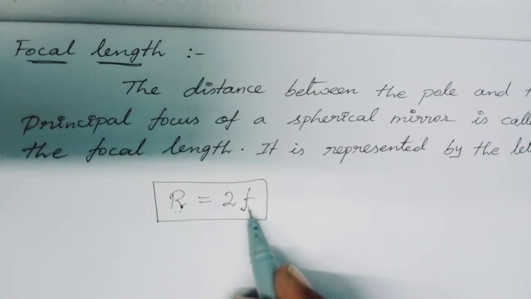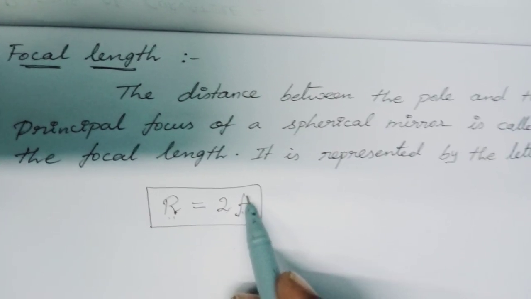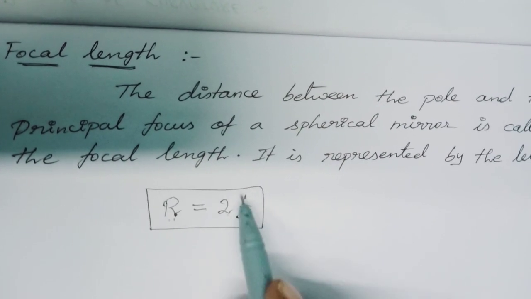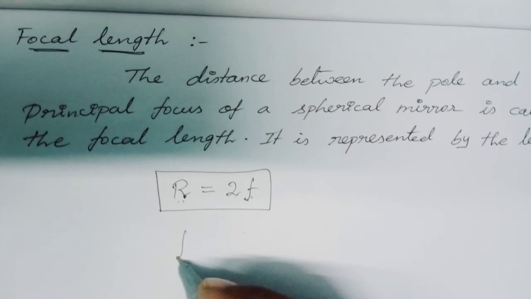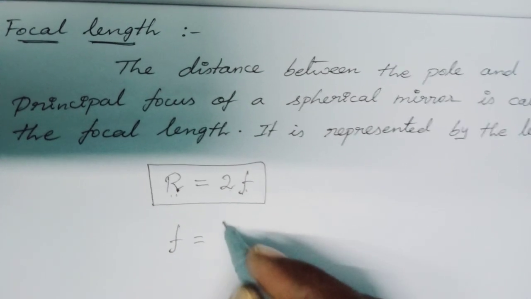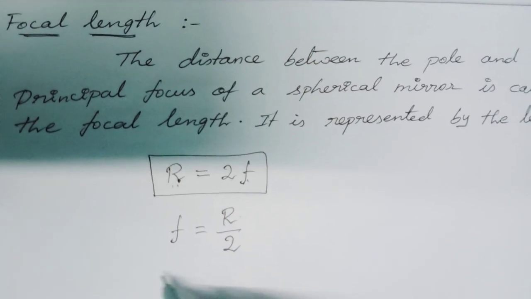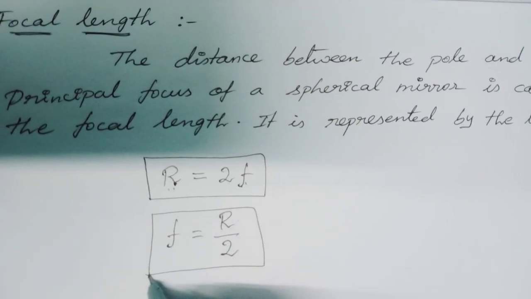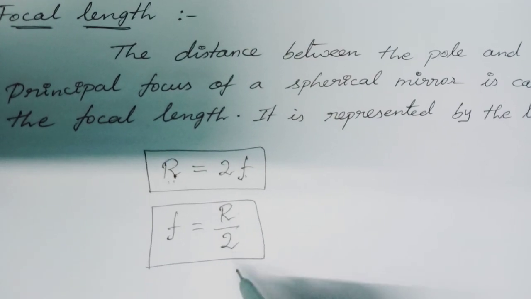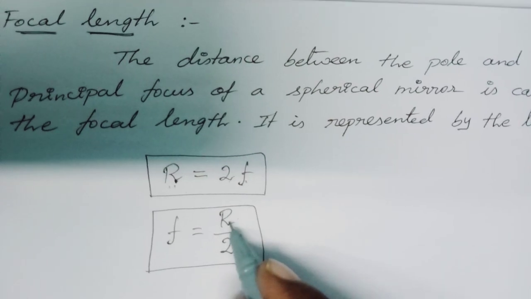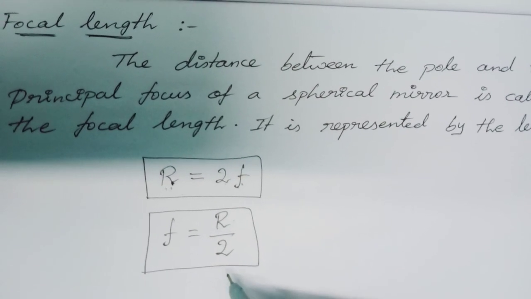And if you want to find out the value of focal length from this formula, you can write it as f is equal to radius of curvature divided by 2. Focal length f is equal to radius of curvature divided by 2. It means what? Focal length is half the value of the radius of curvature. Is it clear, children?